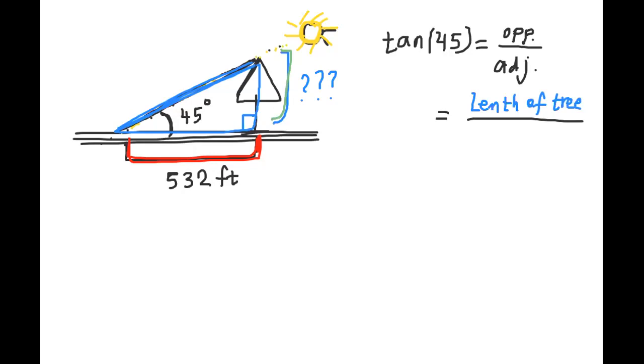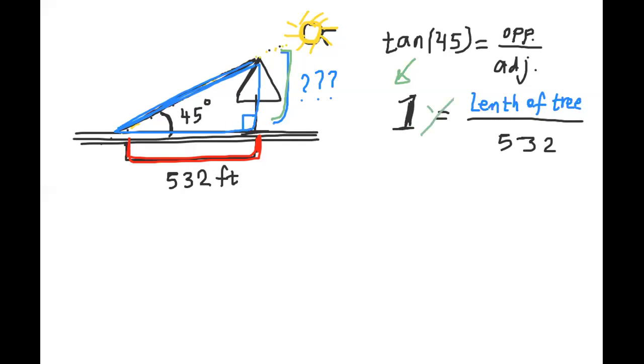It is 532. And the tan for the angle 45 is given from the table. Just go back to the table. What's the tan for 45? It is 1, exactly.